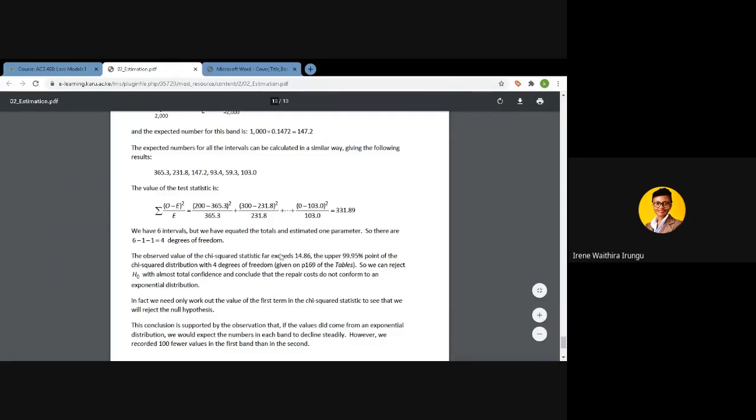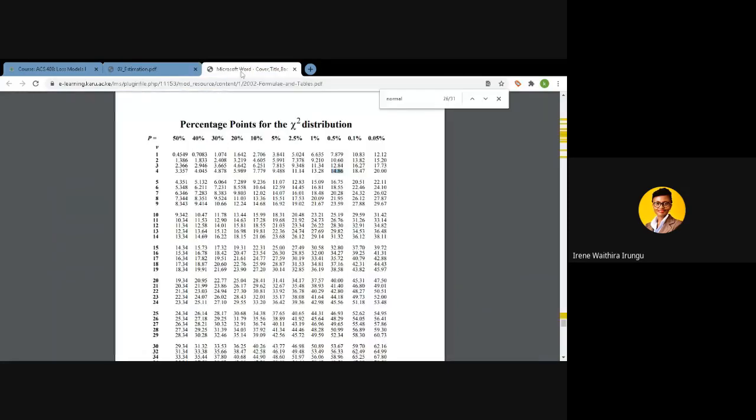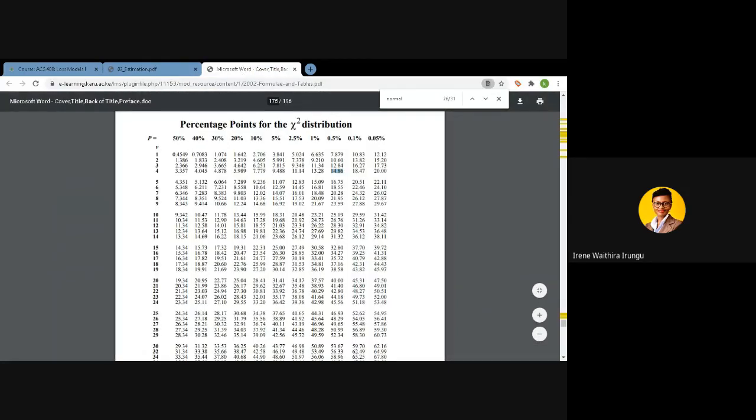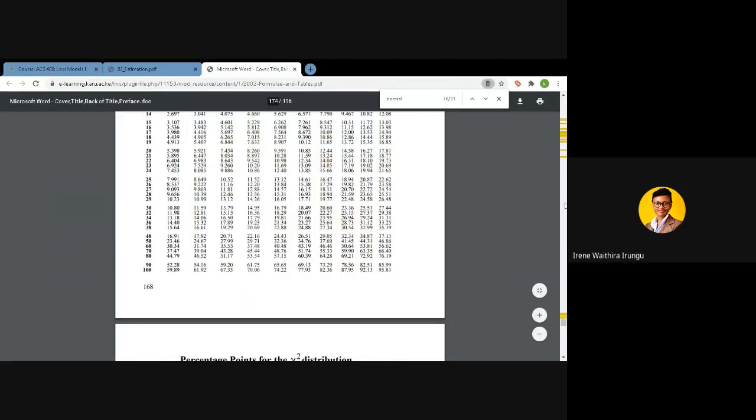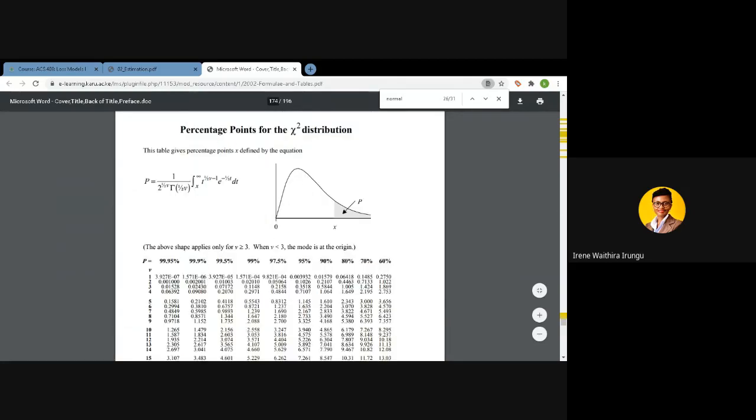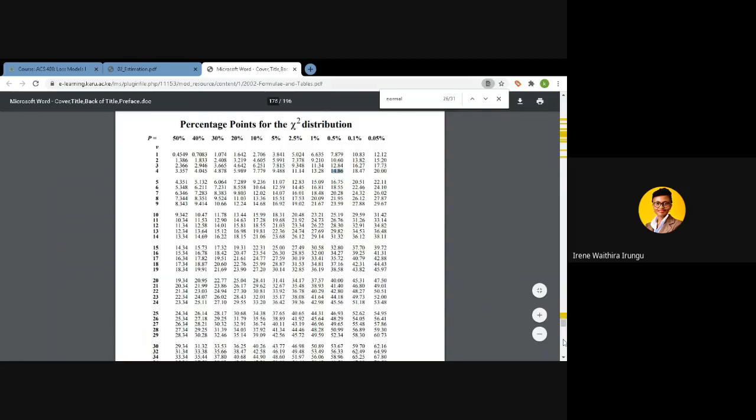If you were looking at, for instance, 90%, still for the same degrees of freedom, instead of reading this as our value, you'd go to where you have 10% and read this as your correct value. In a similar manner, if you were looking at a 95% confidence interval, then this becomes your value.